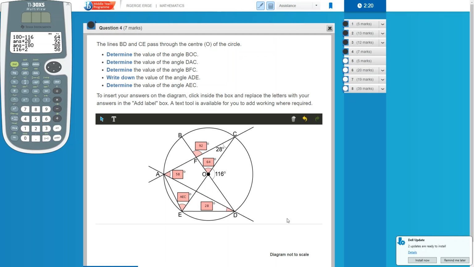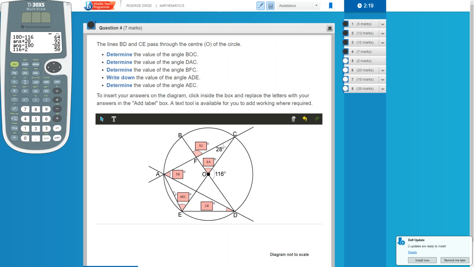And the last one. Again, if I've got the diameter in here, connecting to make a triangle, then this whole angle in here is going to be 90 degrees. Again, that's from the circle theorems.